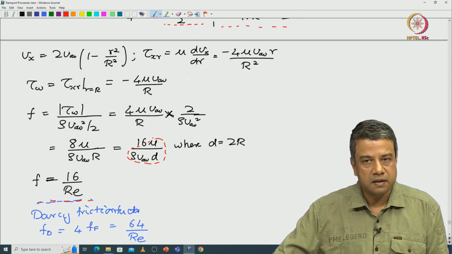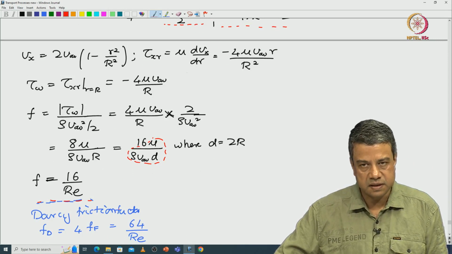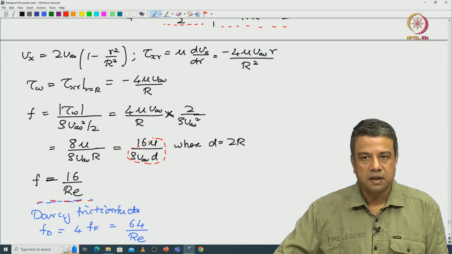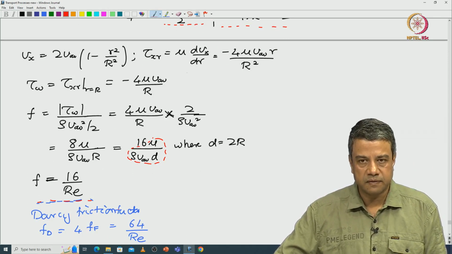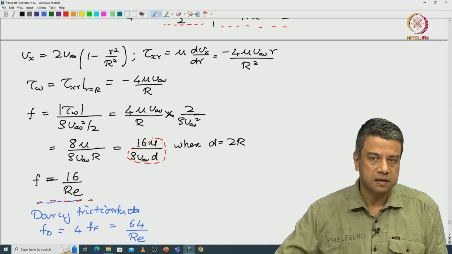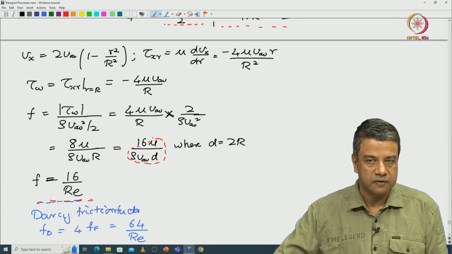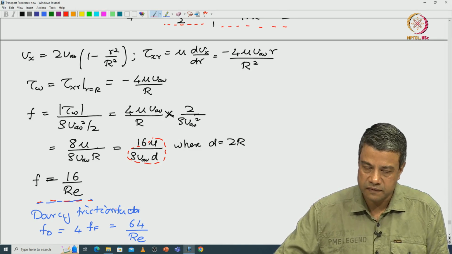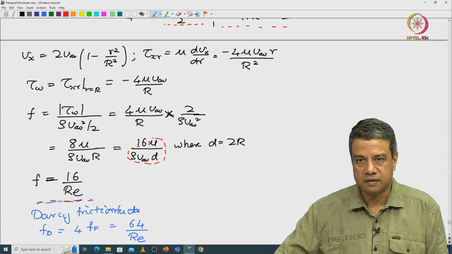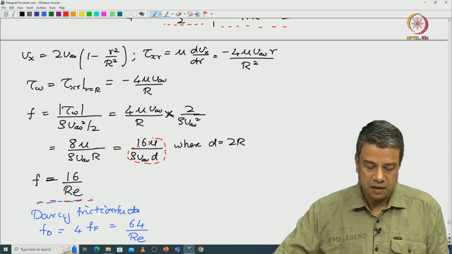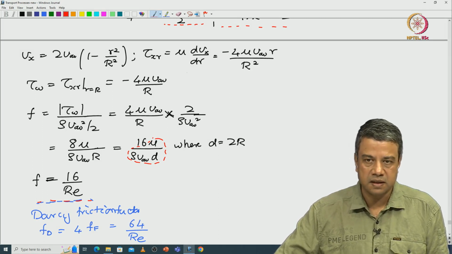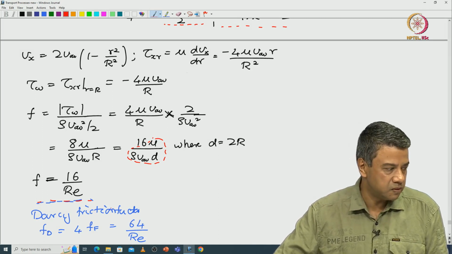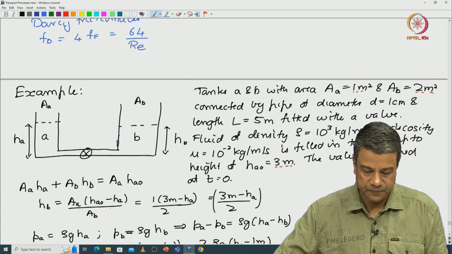The friction factor, the fanning friction factor is 16 by the Reynolds number, as you would expect for a laminar flow where inertial effects are not important. The drag force has to be only a function of the viscosity, the velocity and the diameter, and it is a dimensional necessity that the friction factor has to be proportional to 1 over the Reynolds number.